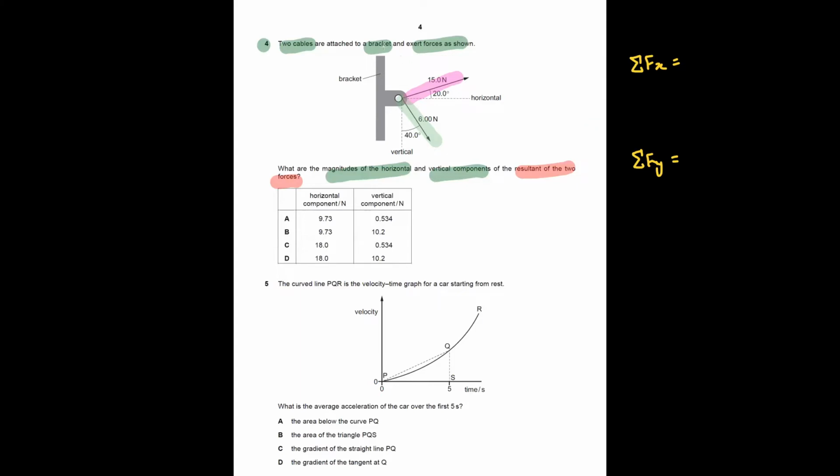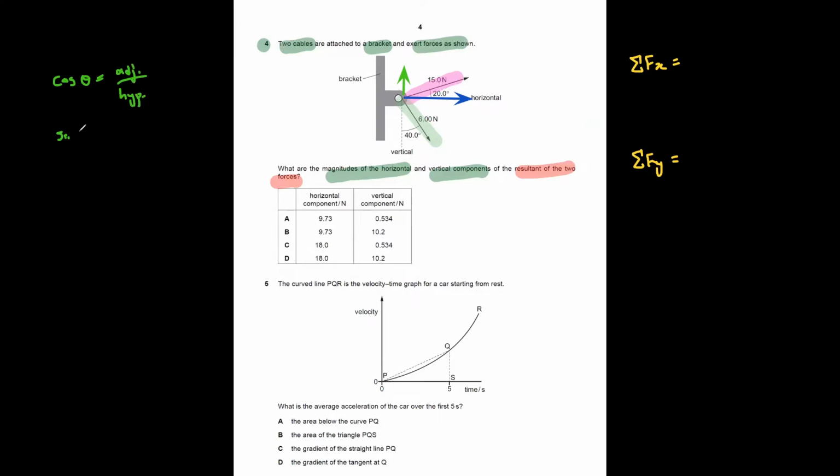You can resolve this force like this and like this, into 2 perpendicular components. Okay, so what should be the horizontal and vertical component here? Now you learned last time in trigonometry that cos theta is usually adjacent over the hypotenuse.